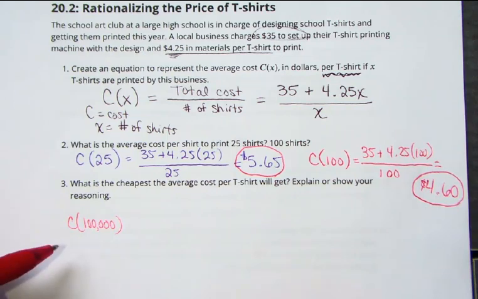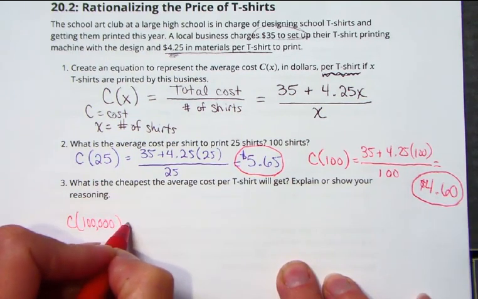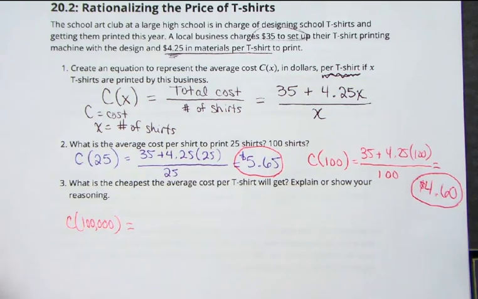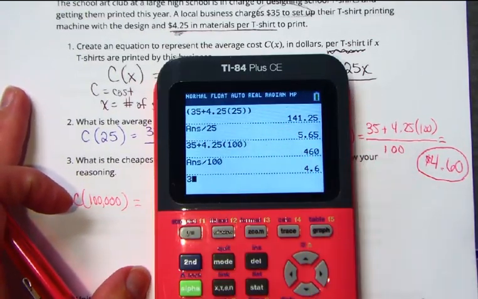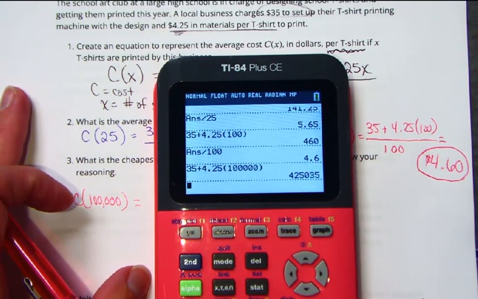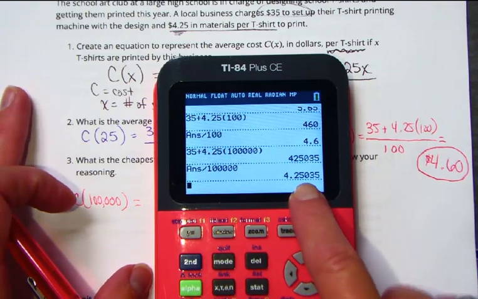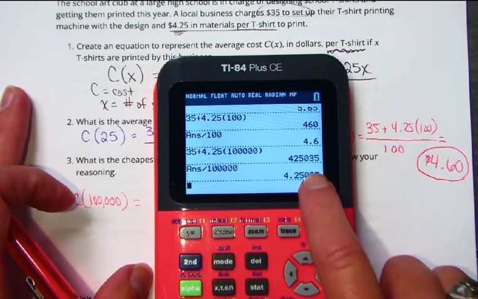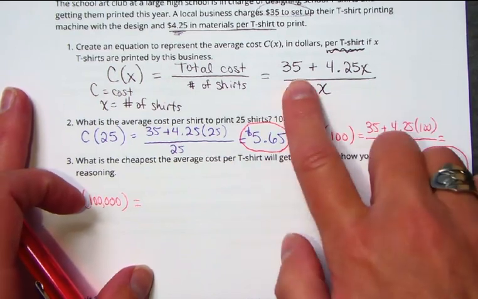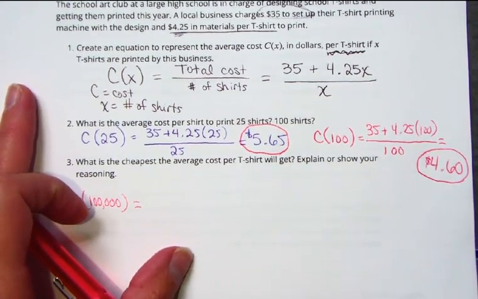We could see what that extreme is when we plug in a super large number. And it's looking like it's getting pretty darn close to $4.25 here, but there's always a little extra cost because of that $35 setup fee.